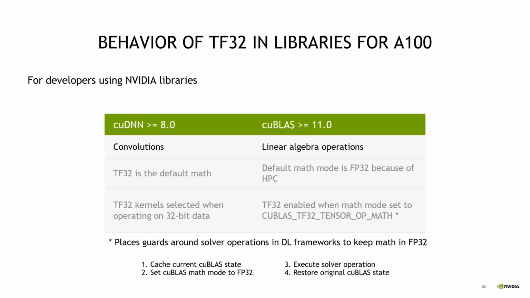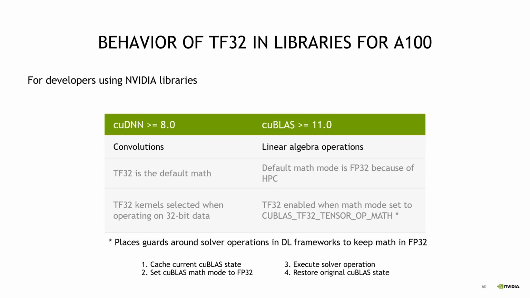Behavior of TensorFloat32 in libraries for A100, for developers using NVIDIA libraries. The default behavior of TF32 mode for A100 is in cuDNN and deep learning frameworks: TF32, TensorFloat32, is the default mode, and FP32 computations implemented in these frameworks, like convolutions, will run on TensorCores by default, and you can use an environment variable to turn it off.